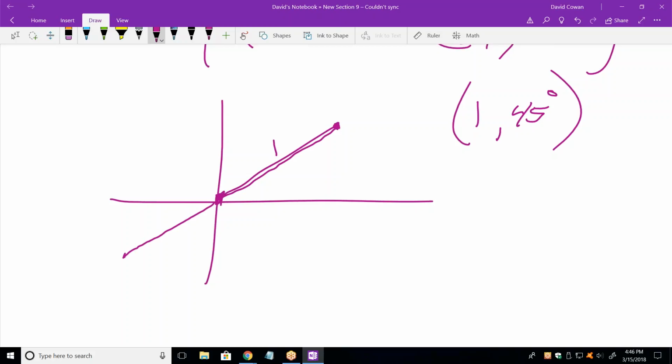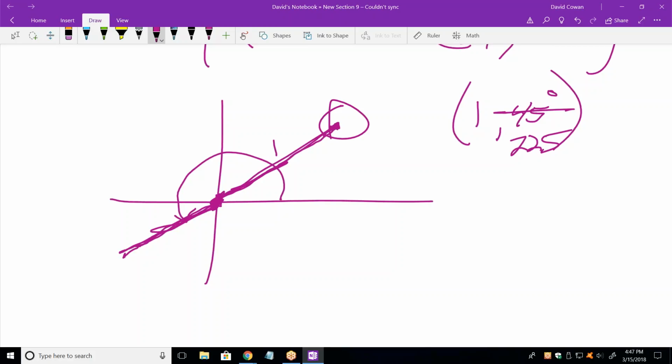I go the angle first, and in the second case scenario, I'm going to go 225 degrees. So I'm going to go all the way to there. But then instead of going from the origin out, because my r is negative, I'm going to go from the origin in the other direction. So I end up in the same point.